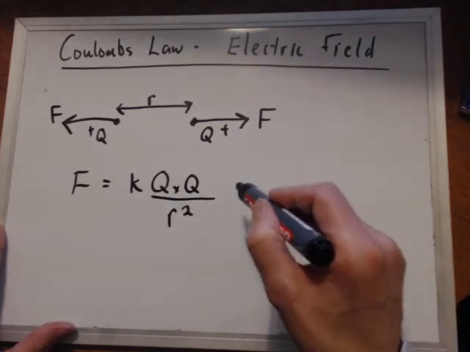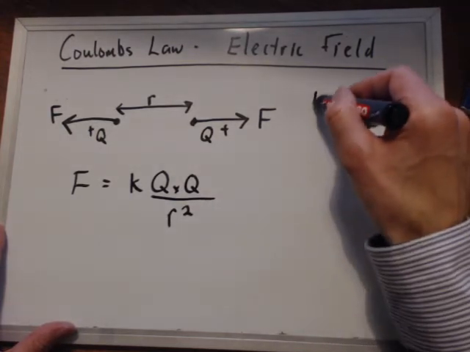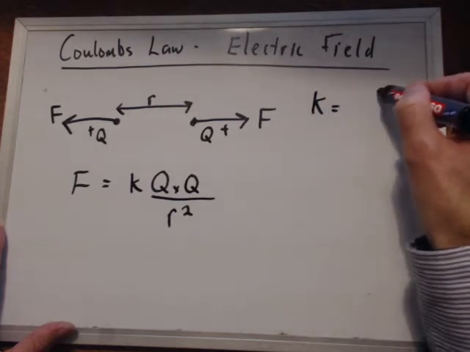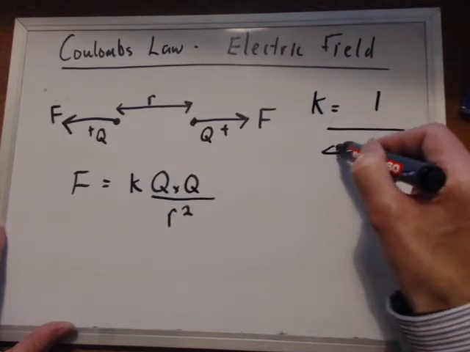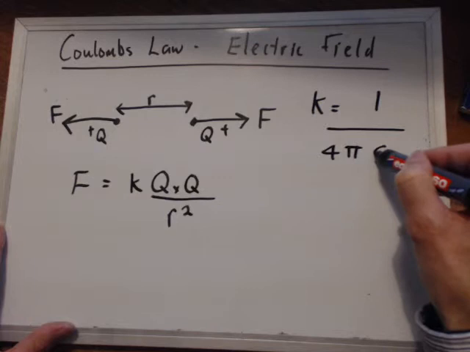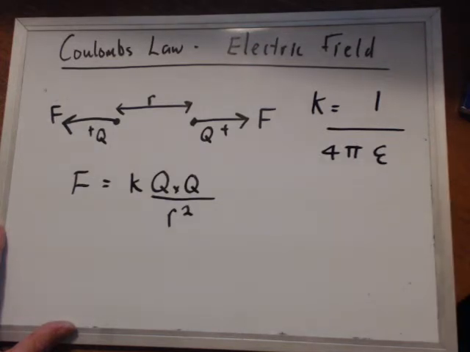Now k is a constant equal to 1 over 4 pi epsilon, where epsilon is permittivity.